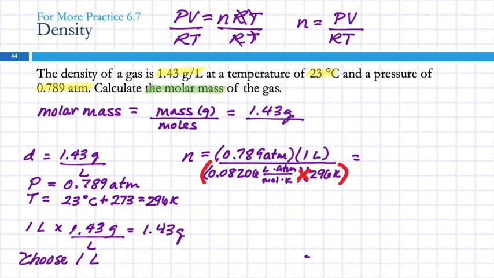0.789 times 1 divided by the quantity 0.08206 times 296. Let's see, this is 0.032483 moles. Then 40.43 divided by that.